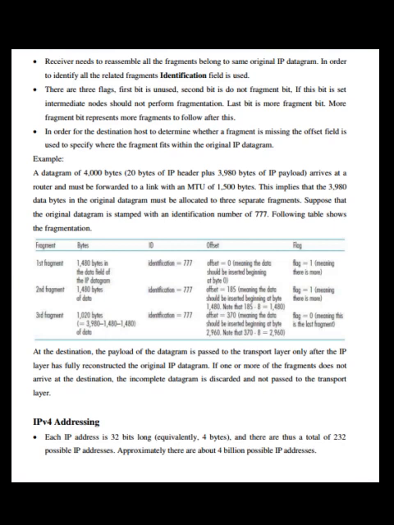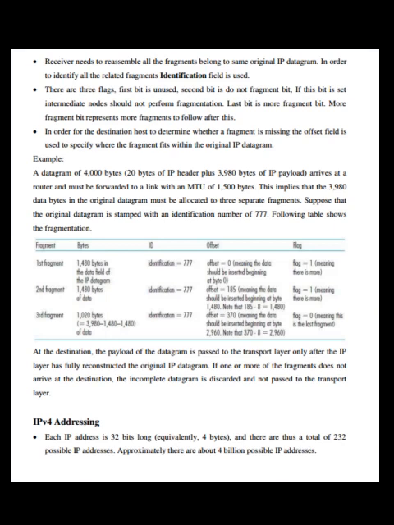If this bit is set, intermediate nodes should not perform fragmentation. Last bit is the more fragment bit. More fragment bit represents more fragments to follow after this. In order for the destination host to determine whether a fragment is missing, the offset field is used to specify where the fragment fits within the original IP datagram.